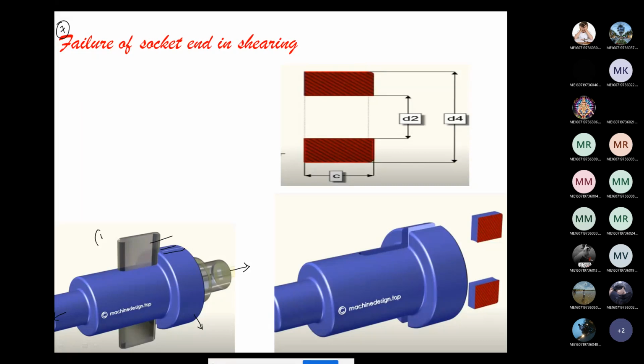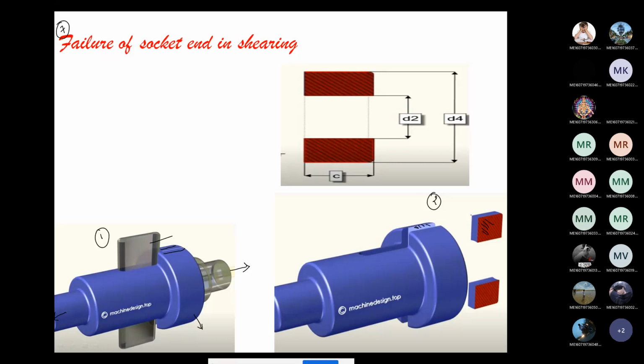This is the first image. Now after coming outside, you can see in the image how the parts come out after failure. In the second image, the parts coming outside show this red color portion and the inside white color portion appearing. These are the failure areas.